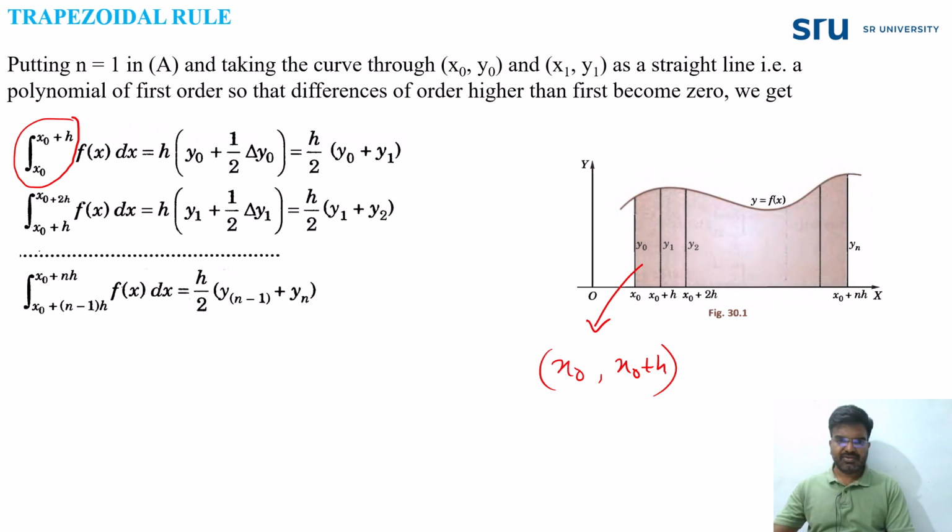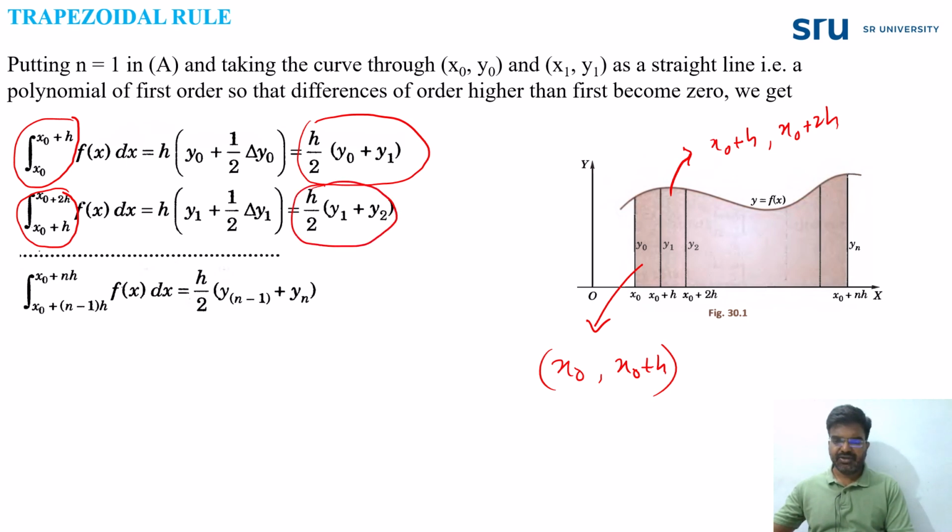So this is the integration value. After that, we can take the second subinterval. What is the second subinterval? x naught plus h to x naught plus 2h. Every time, we use only one subinterval and we write the integration value.